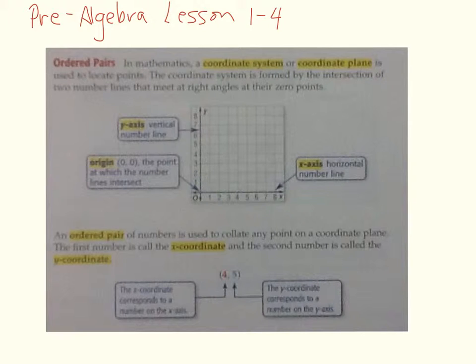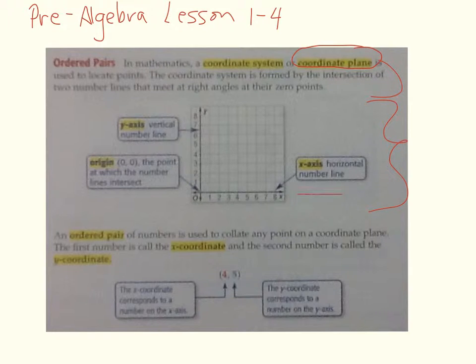The reason this is an easy day is because we're working with ordered pairs and a coordinate plane. So all I'm going to do is review the vocabulary with you to begin with. Remember that a coordinate plane is just a graph with an x and y axis. And please note the three parts of this coordinate plane, which only has positive numbers.